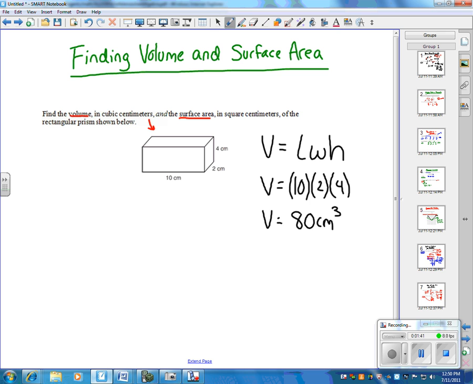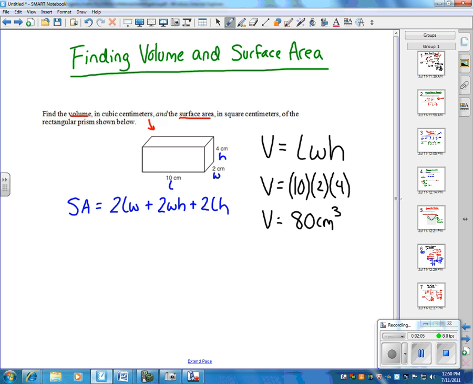Now the surface area formula, I'll put over here. That was just from my reference table, so we're going to make sure that we write that down. So we know this is length, width, and height.